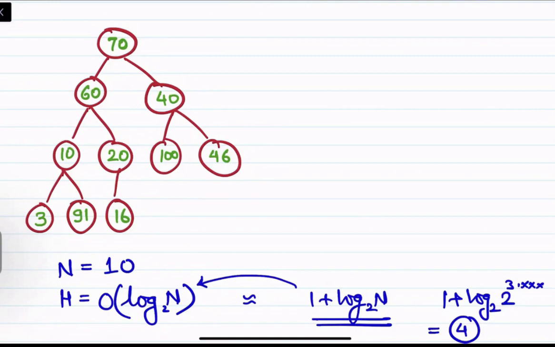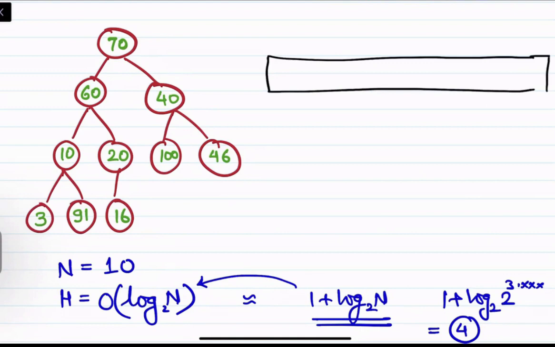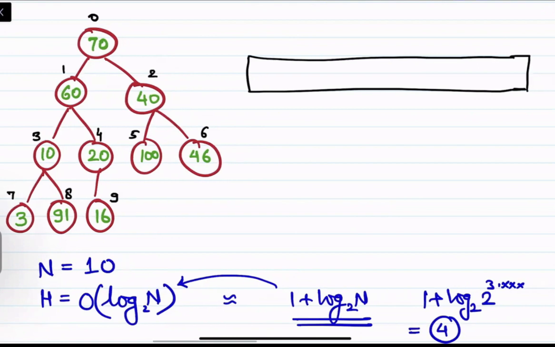For this tree, if I have to draw a corresponding array and store all the values in the array, can you quickly do that? Draw this tree also, draw an array also, and fill all the values that are there in the tree in the array.